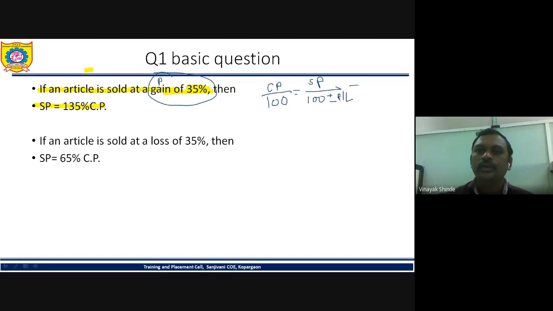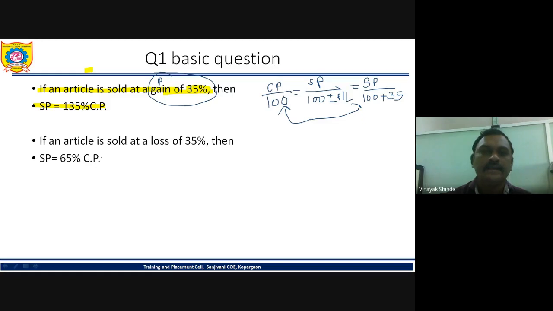So in our case, 35% gain means profit, so selling price divided by 100 plus 35. You can solve this one. You will get the answer as selling price is equal to 135% of cost price.